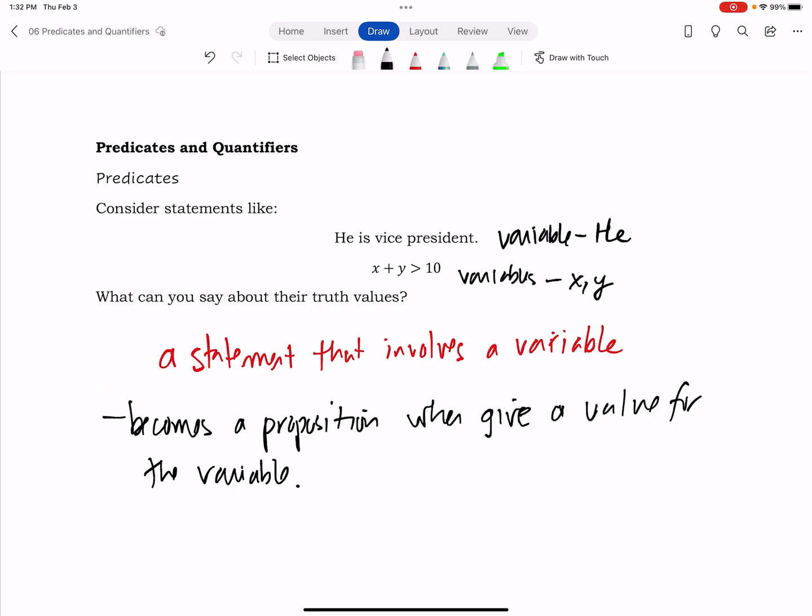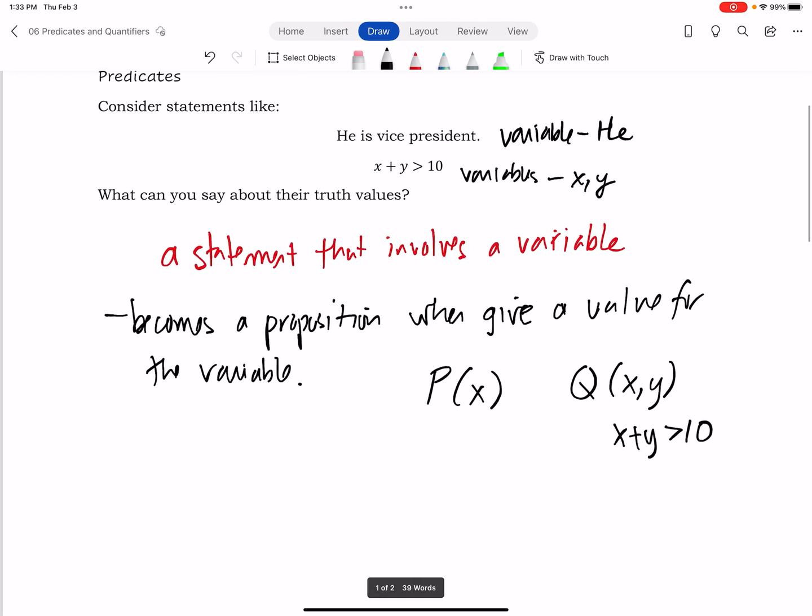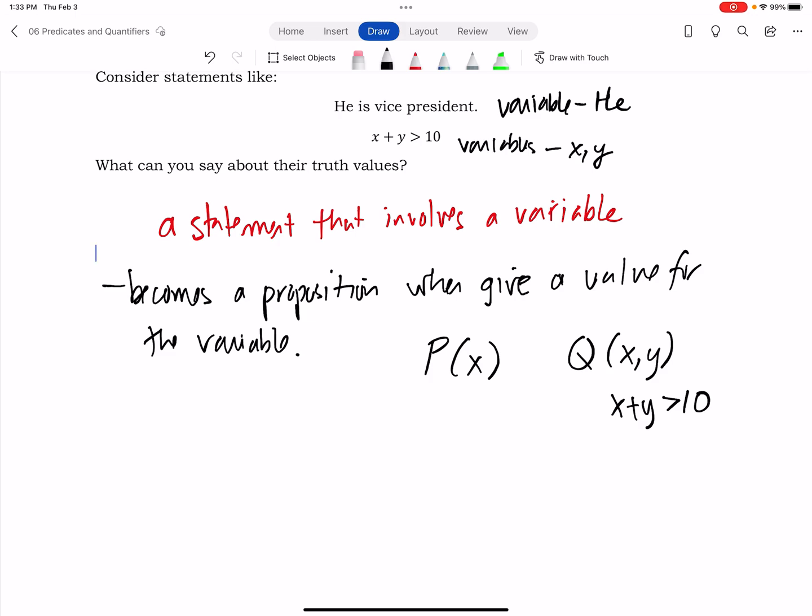To write a predicate, we use a capital letter and then we put the variable inside the parentheses. So if we talk about x plus y greater than 10, it could be the statement Q of x, y. Q would be the name of my predicate, and then the statement that we use would be x plus y is greater than 10.